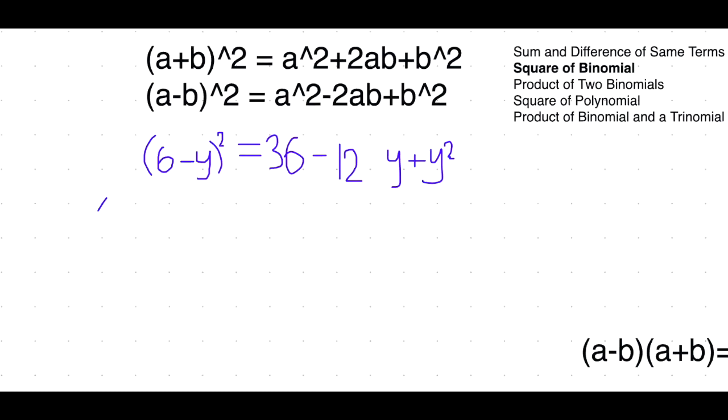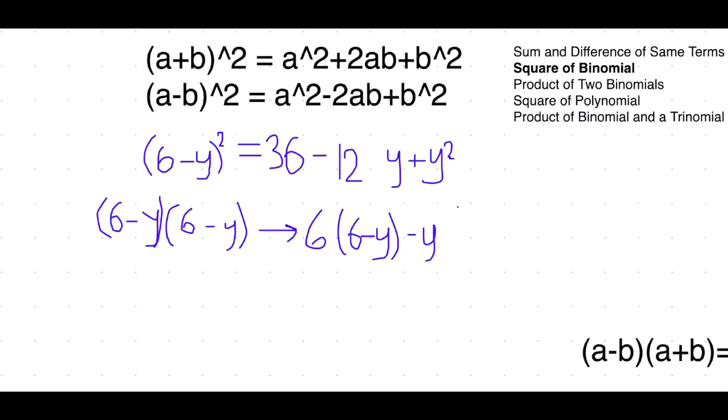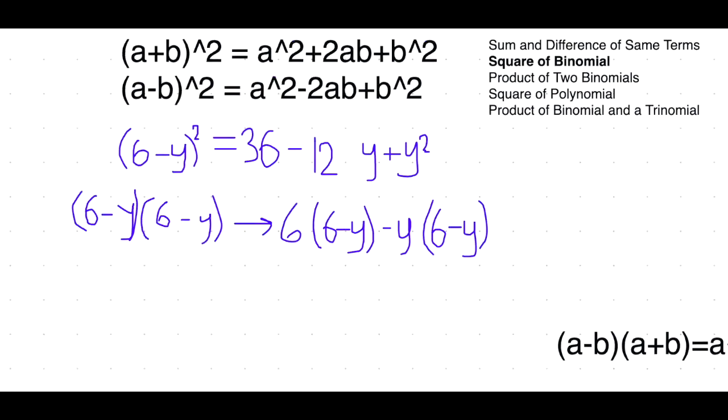Again, 6 minus y squared is just 6 minus y times 6 minus y. You know how to write that out. Multiplying them out, 6 times 6 is 36.